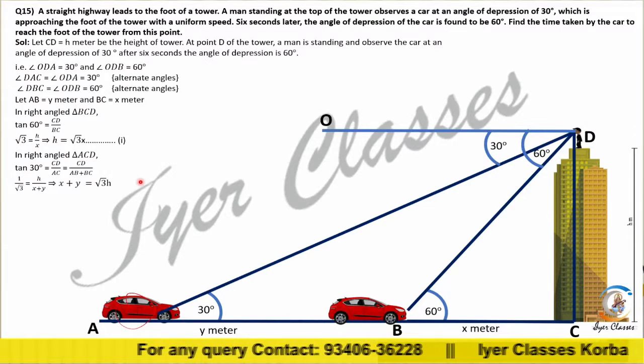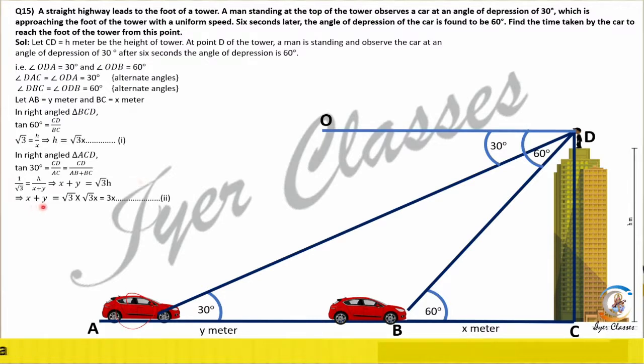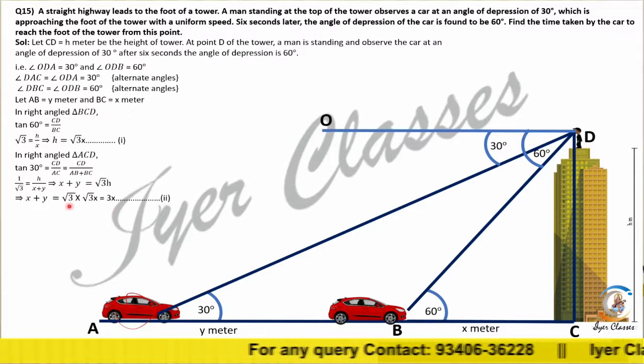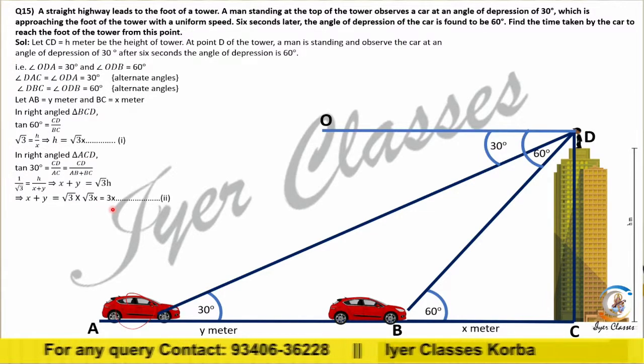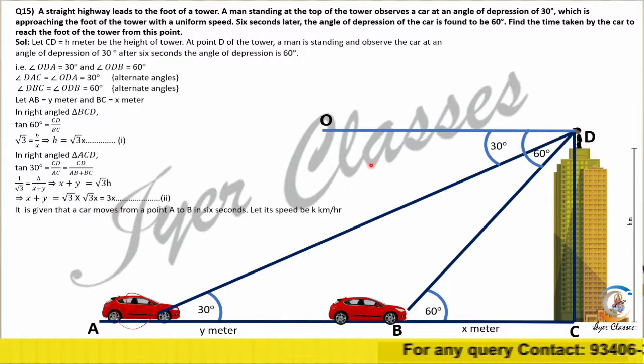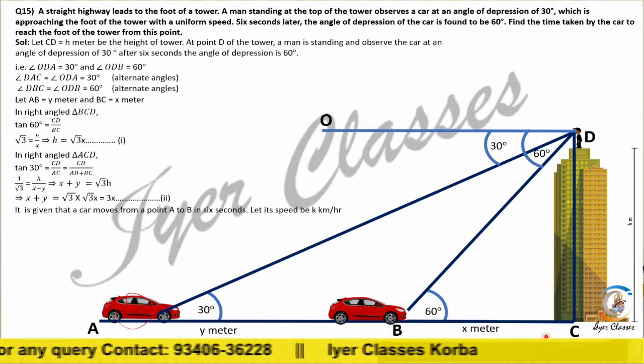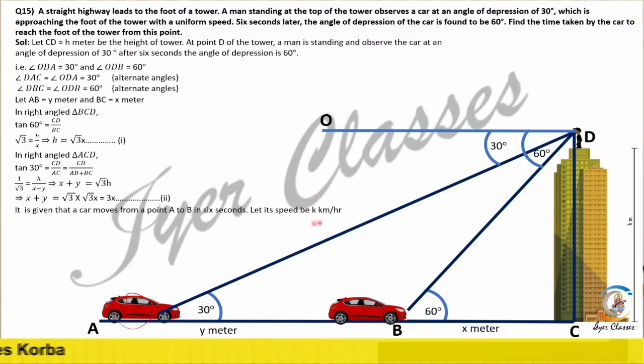So you have got two equations now, equation 1 and equation 2. Substituting, we get x plus y is equal to root 3 into root 3 times x, which is 3x, since root 3 into root 3 is equal to 3. Okay, now we are supposed to find out the time taken by the car to move from B to C. For this, let us assume that the speed of the car, which is again not given to us, is k kilometers per hour.